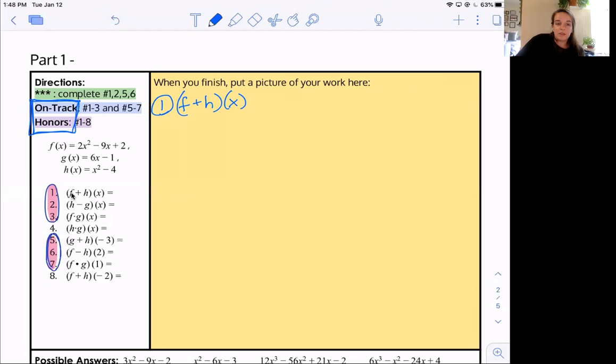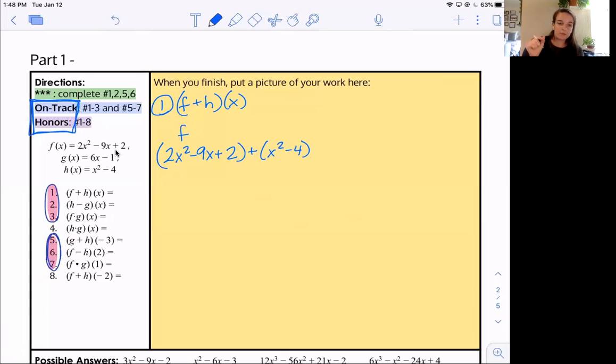And then I'm gonna do my f equation plus my h equation. So here's f. So for f, I'm gonna write 2x squared minus 9x plus 2. And then I'm gonna add in h, which is x squared minus 4, like that.